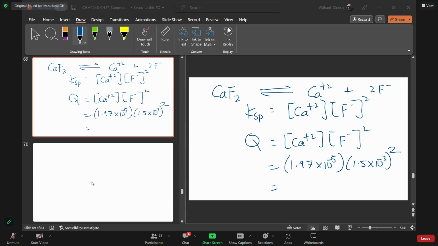Ten to the power -13. Can you recheck your calculations?